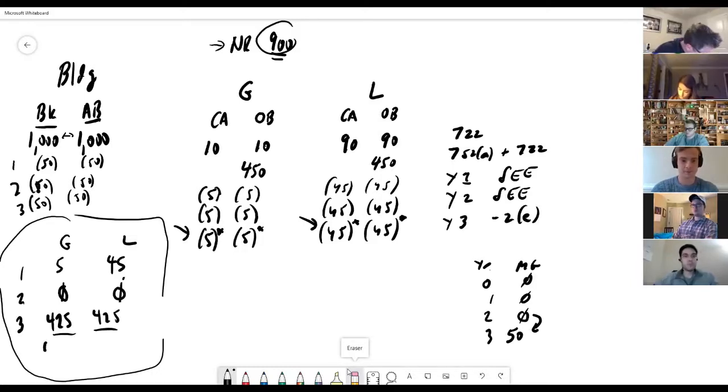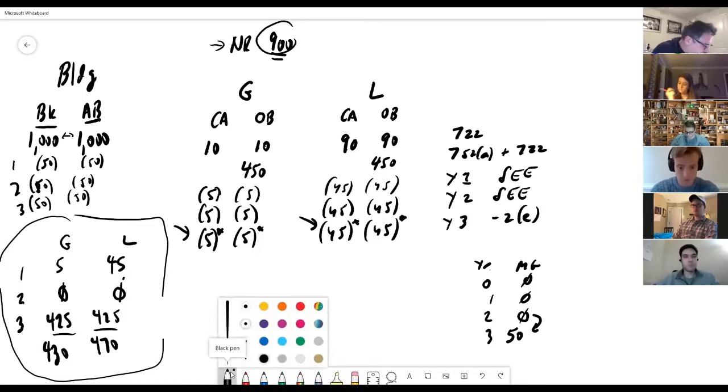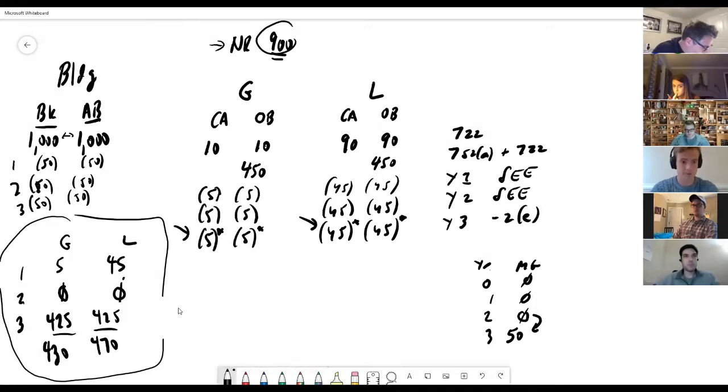And so that means G's share is 430 and L's share is 470. So G's share has gone down by 20 and L's share has gone up by 20.